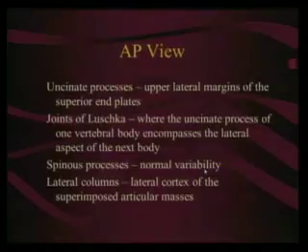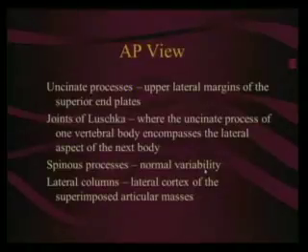Now the AP view. On the AP view, there are several things that we look for. We look at the uncinate processes, which are the upper lateral margins of the superior end plates of one vertebral body to the vertebral body above it. Where the uncinate processes of one connect to the inferior body of the next, that's called the joint of Luschka.